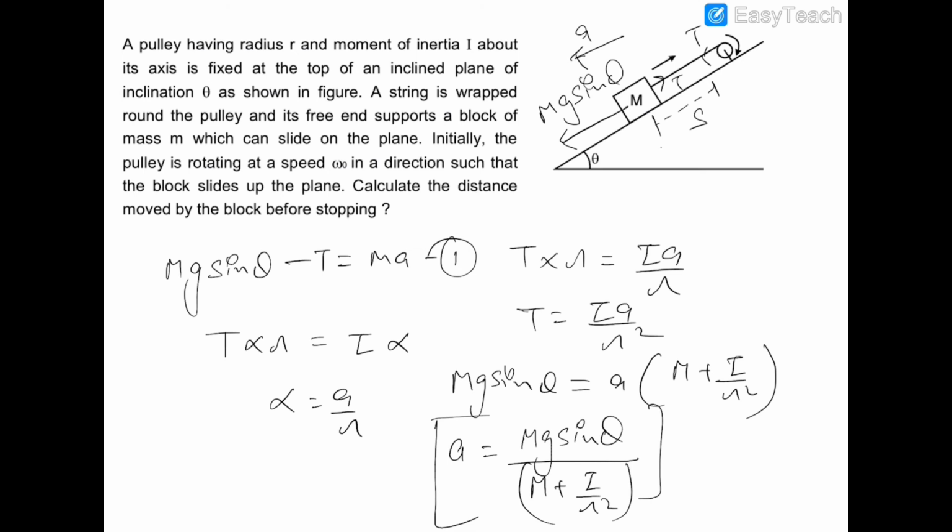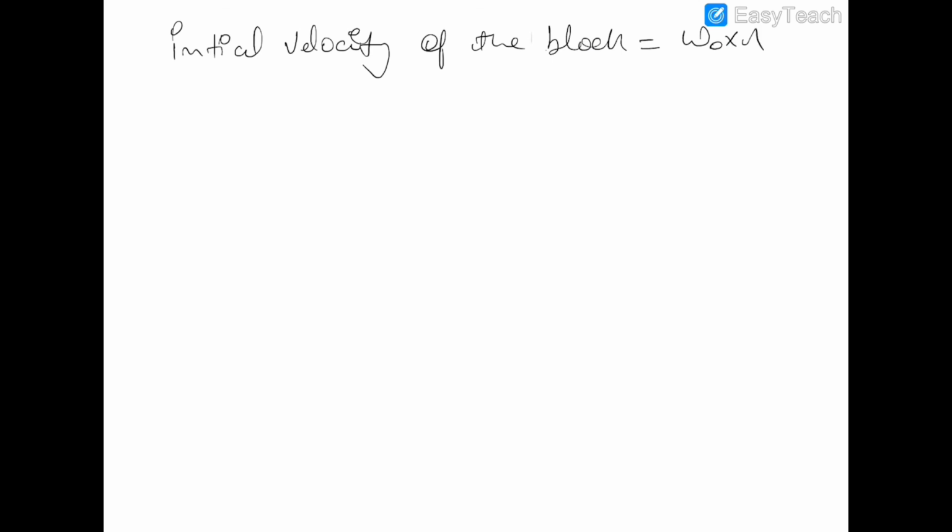Now we have to find out the distance by which this block will move before coming to rest. You can see that the initial velocity of the block is equal to omega naught into r. Now final velocity of the block is 0. Obviously it is coming to rest.